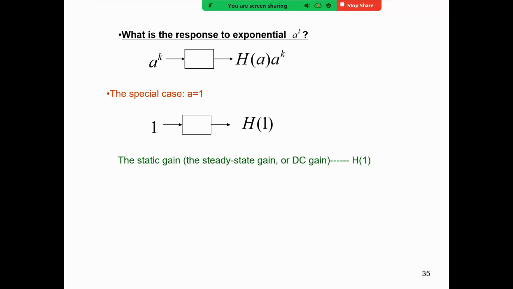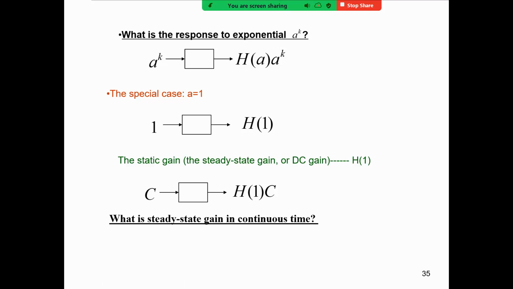You have a constant input, the output will be the same constant, but multiplied by the gain. And how do we compute that for discrete time? How do we compute the static gain or the DC gain? It is the transfer function at the value of 1. Is that clear? So if there is a constant c, then the output will be h of 1 times c, because it's a linear system.